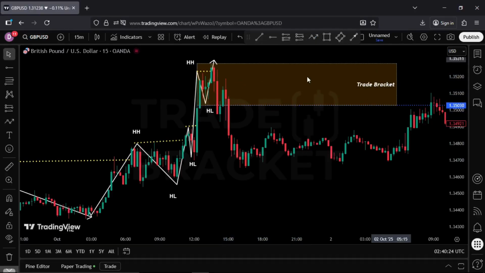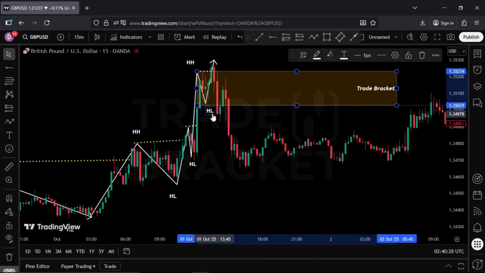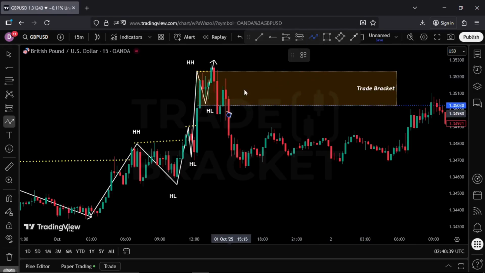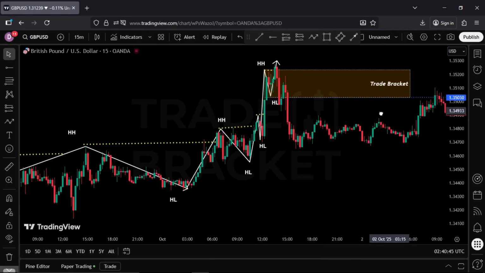And if you draw it from the last higher low to be broken to the last higher high to be made, you will have a higher risk to reward, but the chances of price coming back, stopping you out and then continuing in your direction will also be high. So be careful when it comes to that.